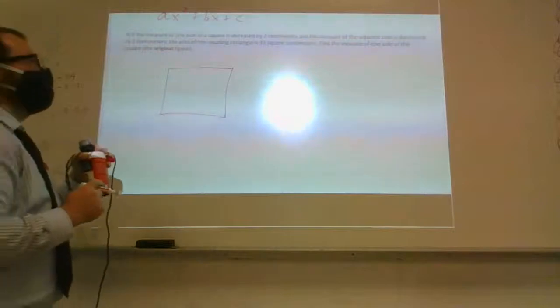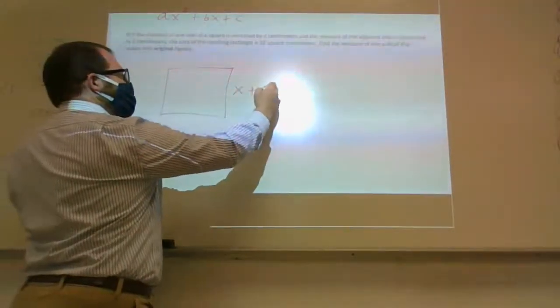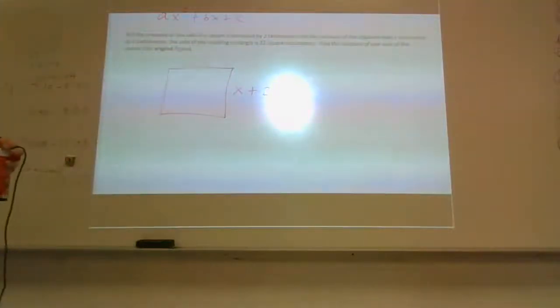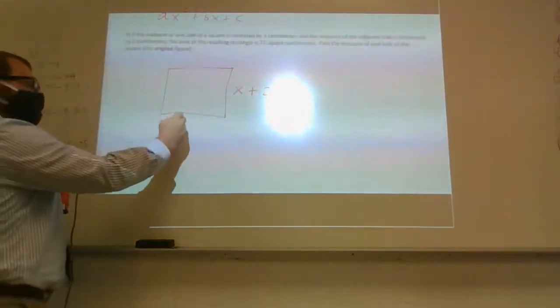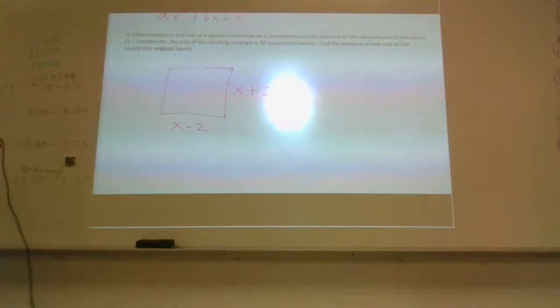Ooh, interesting. So this side is increased by 2. This side is decreased by 2. And the resulting area of that rectangle is 32. Area is just length times width.